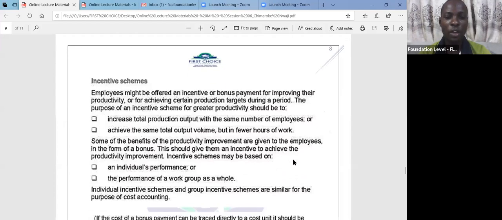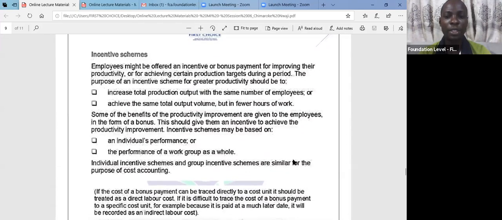We have what they call incentive schemes. In an incentive scheme, employees are offered an incentive or bonus for improving their productivity or for achieving a certain production target during a period.